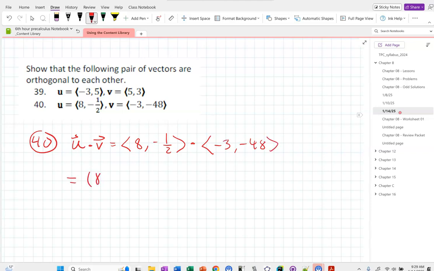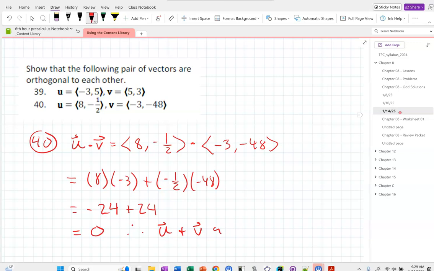When I do the dot product, we do the product of the x components plus the product of the y components. 8 times -3 is -24. -1/2 times -48 is +24. Those add to give us 0. So I can say that u and v are orthogonal.